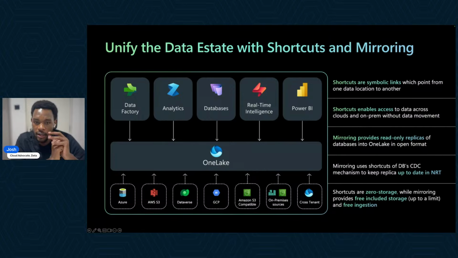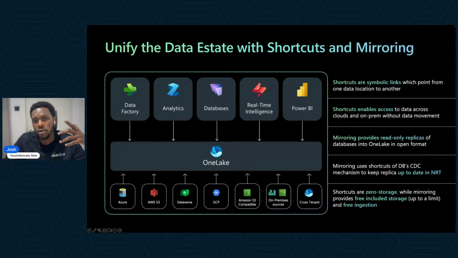The other way that you can bring in your data without having to build complex ETL pipelines to bring your data into OneLake is through mirroring. Now, mirroring is a no ETL experience that allows you to add proprietary databases or data warehouses into Microsoft Fabric.